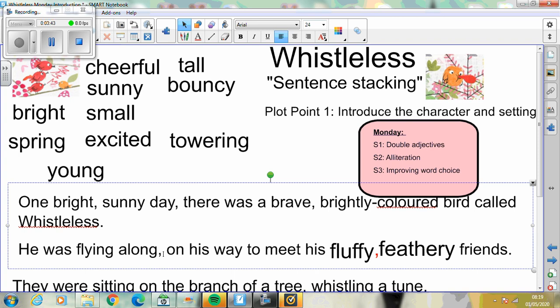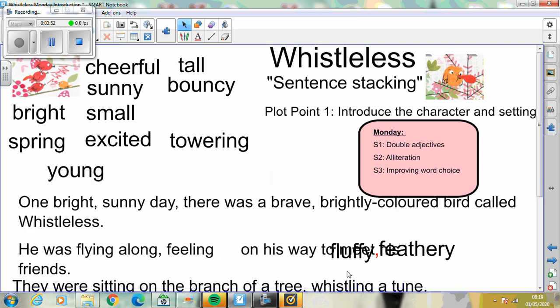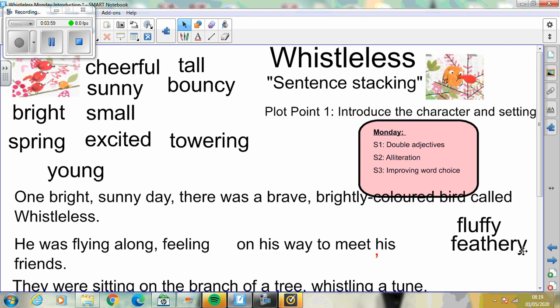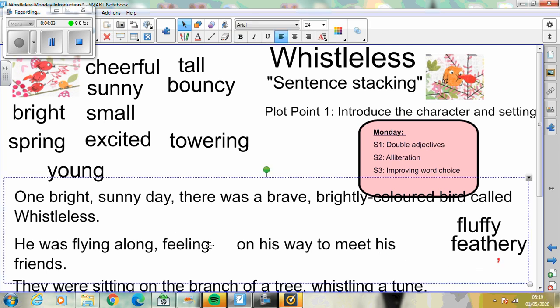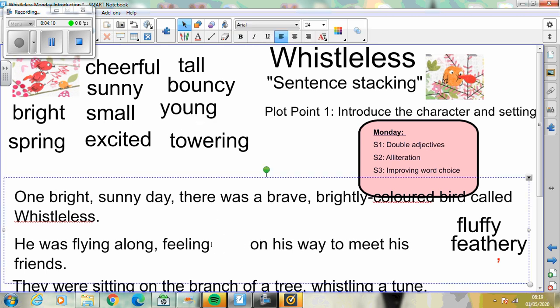So maybe we could add in, he was flying along, feeling, and let's see if we could think of two. I'm just going to move these out of the way for a minute. I wonder if we can describe how he was feeling, thinking of two describing words that both begin with the same letter.